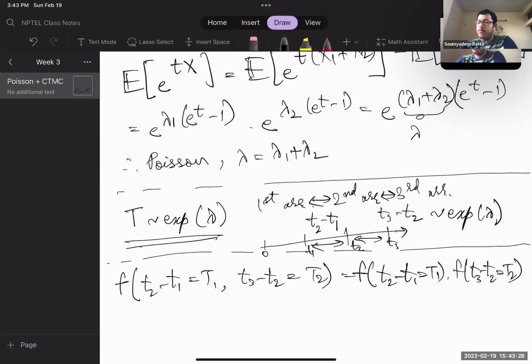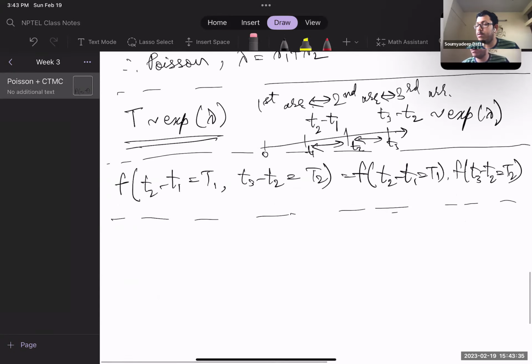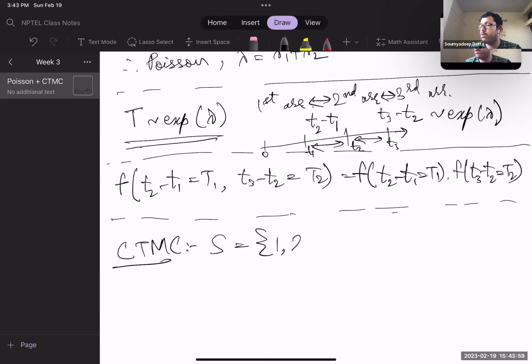So now, if I move on to the second part, which actually leads on from the first part a lot, which is continuous time Markov chains. Here you have various states, and let's say the state space is 1, 2 till n.